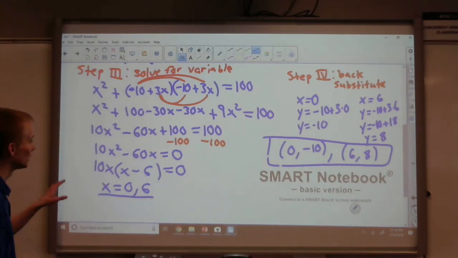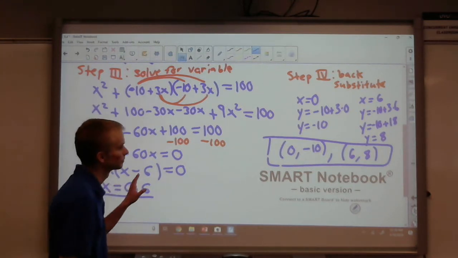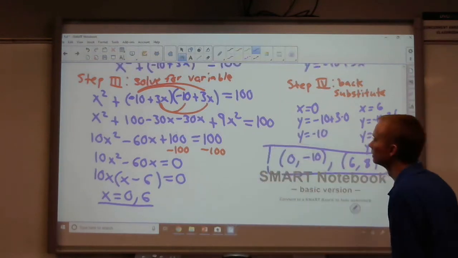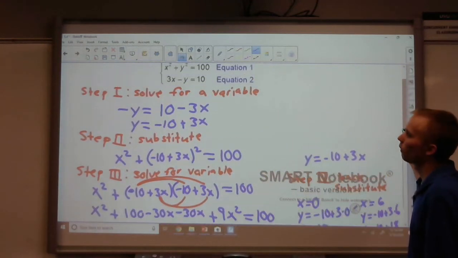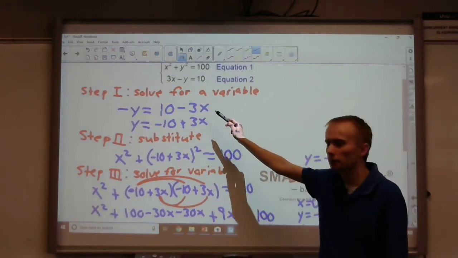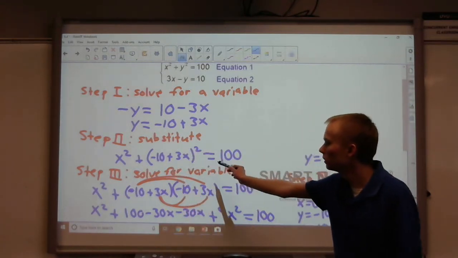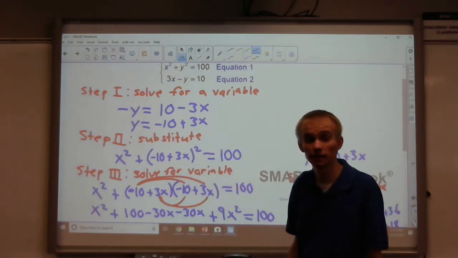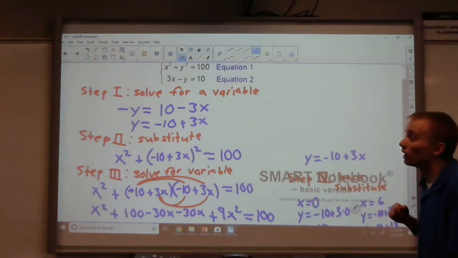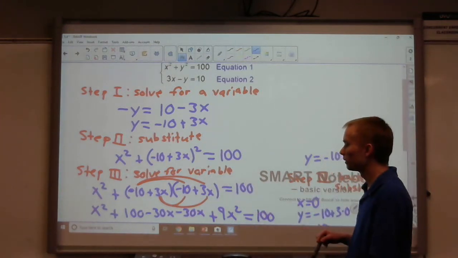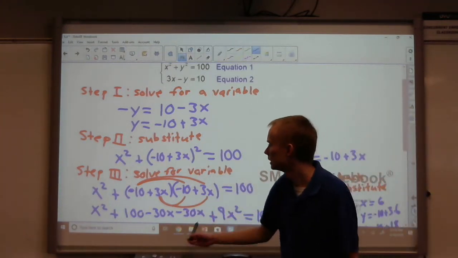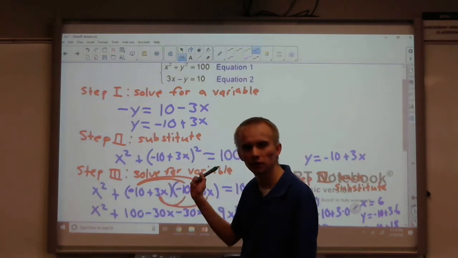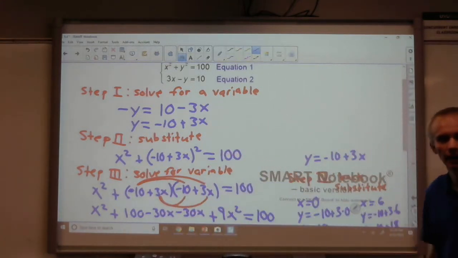Okay? So let's just review our steps again. For substitution, step 1, we solve for one of the variables. Step 2, we substitute it into the other equation. Step 3, we solve for the variable that we have, which will usually involve you having to distribute something out.